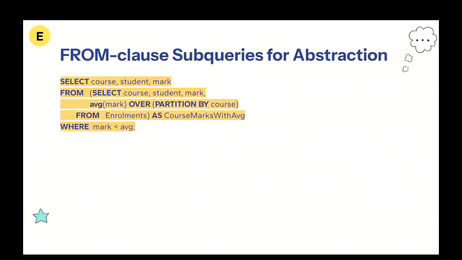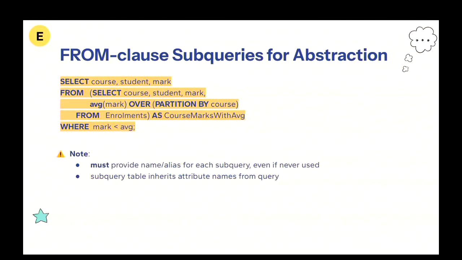And do notice that the result of the select from is given an alias with the as keyword. Even if this alias is never used again in this query, we still need to give it an alias. So in the subqueries used in the from clause, every subquery must have an alias, even if it's not used again.